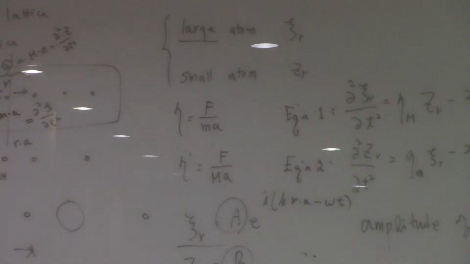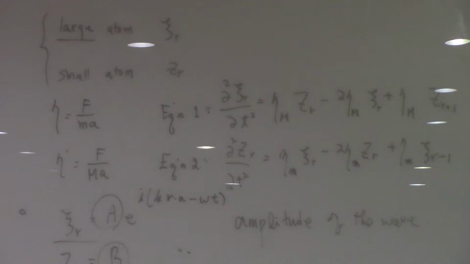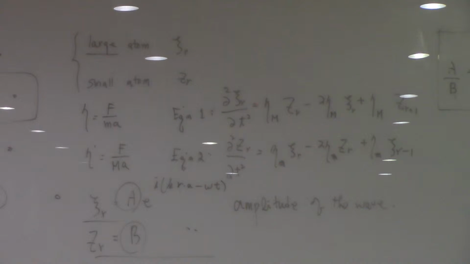So by solving this equation, what we are going to have is the ratio of two waves. One wave, with amplitude A, corresponds to the atoms with large size, and the other wave B is the amplitude of the wave of small size, okay?